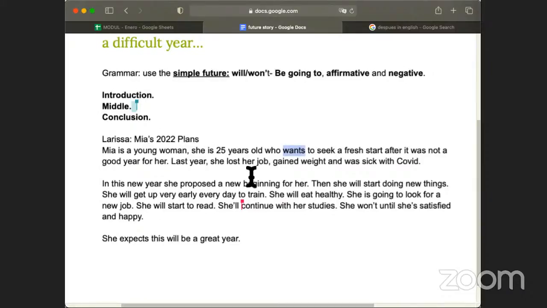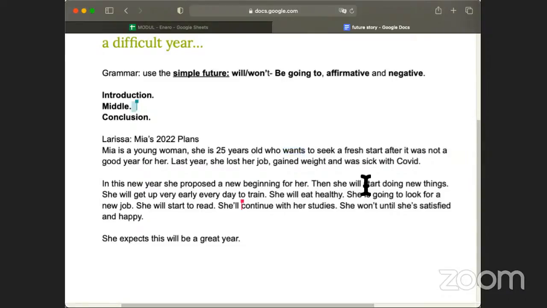Thank you. Okay. Mia's 2022 plans. Mia is a young woman. She is 25 years old and wants to seek a fresh start after it was not a good year for her.